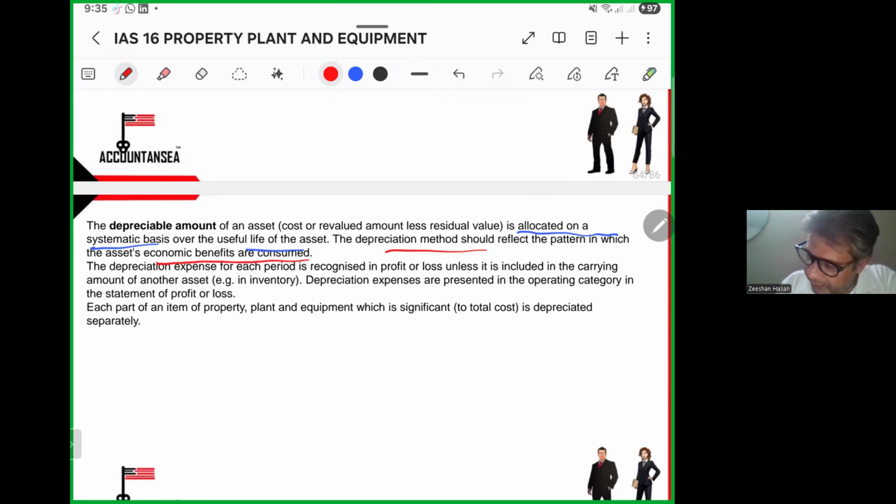The depreciation expense for each period is recognized in profit and loss unless it is included in the carrying amount of another asset. Depreciation expenses are presented in the operating category in the statement of profit or loss. Each part of an item of property, plant, and equipment that is significant to total cost is depreciated separately.